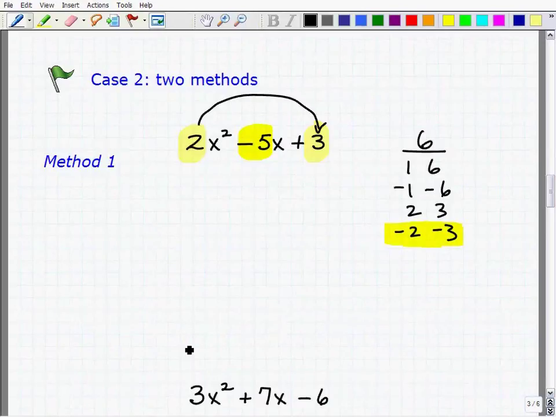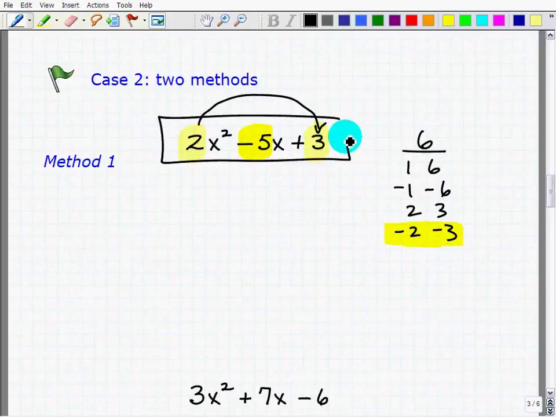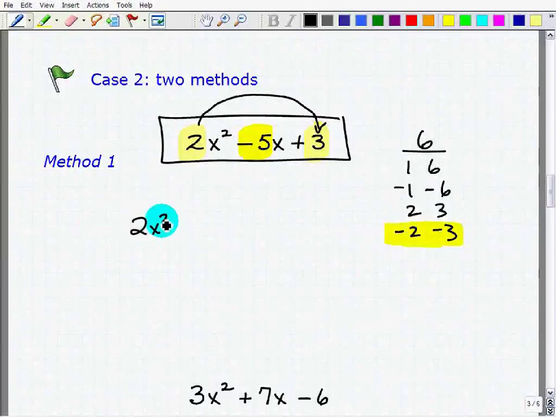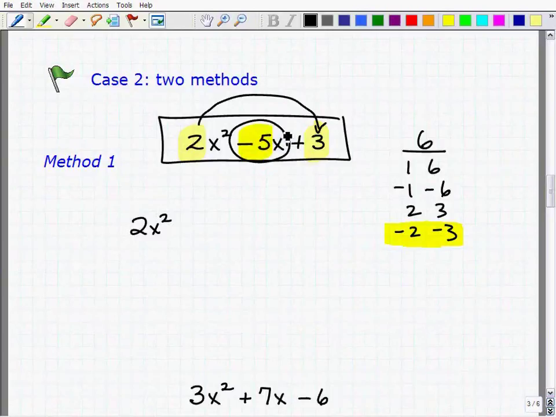What we're going to do now is write our original trinomial, but we're going to write it this way. 2x squared. Now here's the kicker. We're supposed to write a negative 5x. Well, I'm going to write negative 5x there because I don't want to change the problem, but I'm going to do this using these factors.